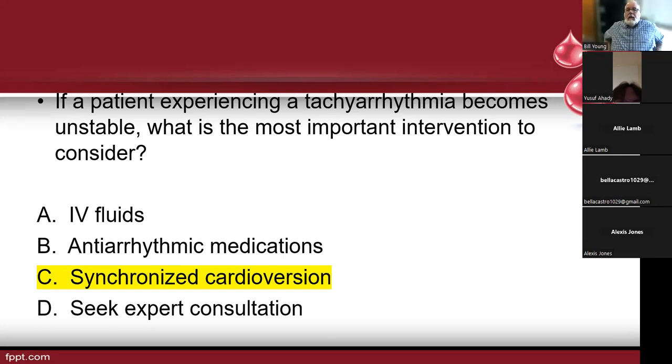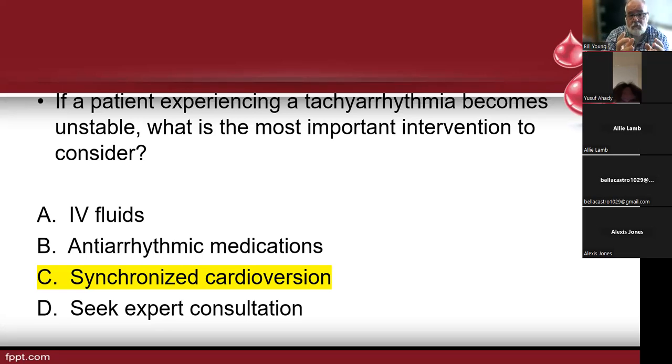Yeah, so see, Allie, the thing is with both SVT and with VTAC with a pulse, the bottom line here is preload is pretty much wiped out. So our patient is becoming very hypotensive as a result of that. So basically what we got to do when they are symptomatic is we got to kind of wipe out all the impulses and allow the SA node to take over.